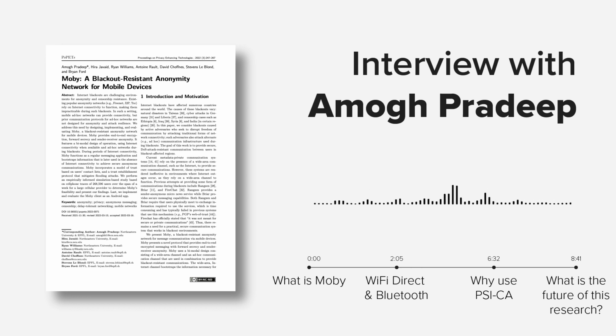So it lets us work out the matches between our lists without exposing the entire list. There's also a private set intersection cardinality protocol, which only gives you the size of the intersection, not even what's in the intersection. So that would tell us, for example, that we have 10 contacts in common, but not which contacts.